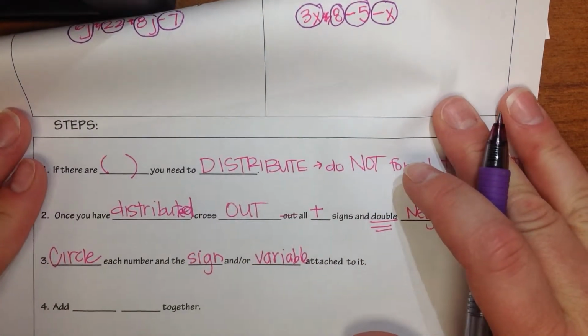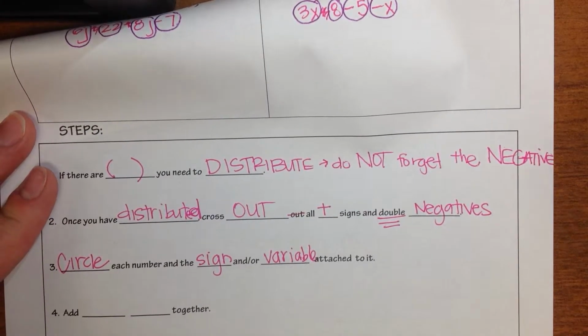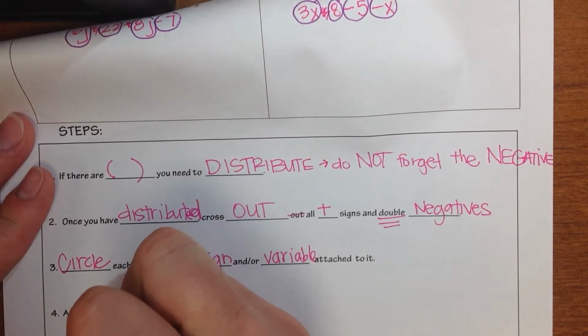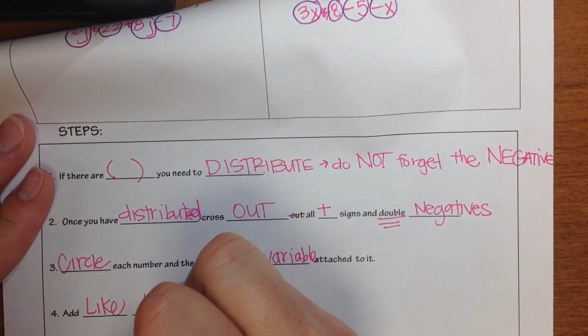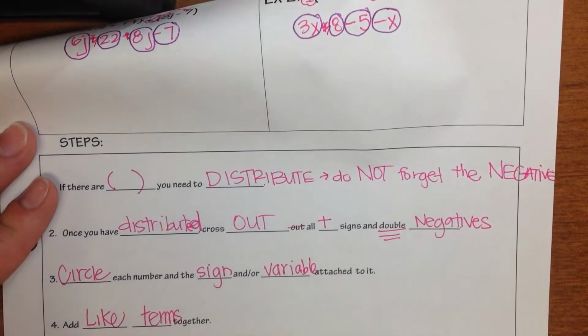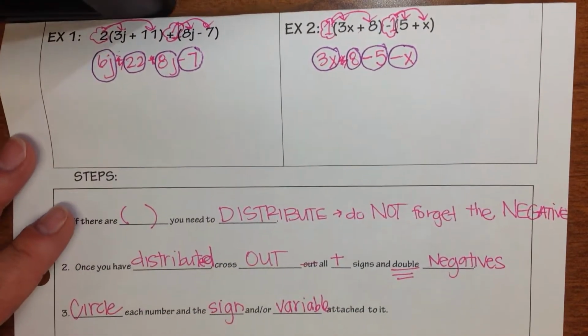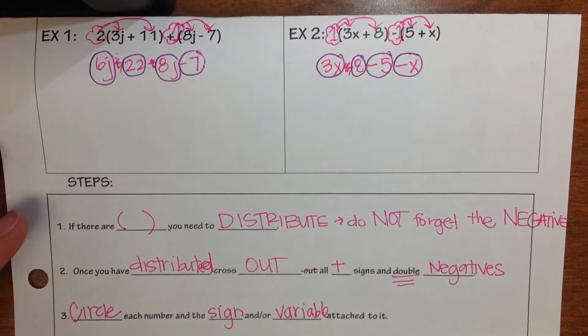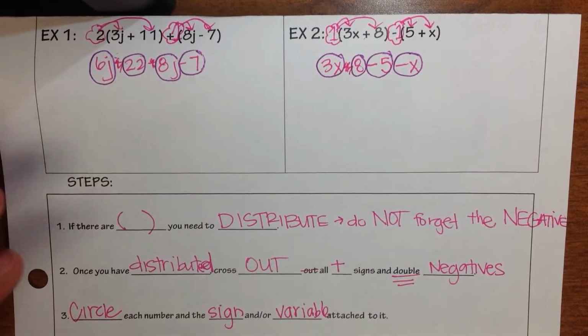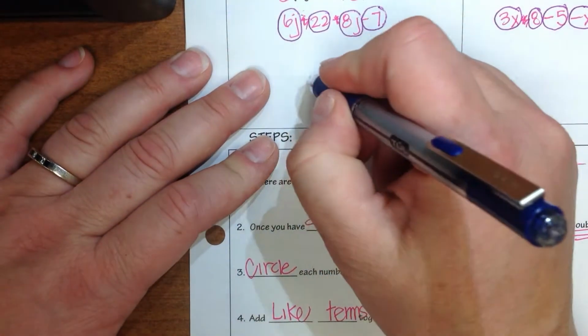Step number 4 is to add like terms together. This is where we're going to do our families. So on the first example I gave you, we have j's and we have no j's.